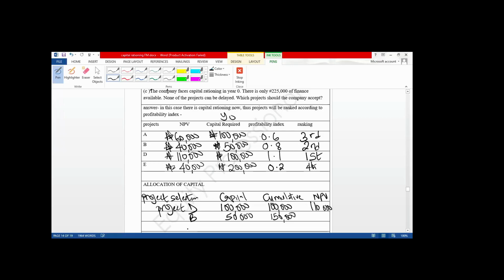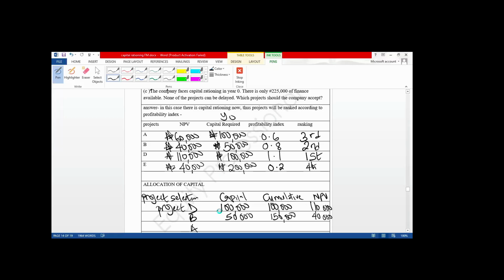Now look at project A. Capital required is 100,000. Remaining is 50 out of 225 available. That means you don't have up to 100,000 again.